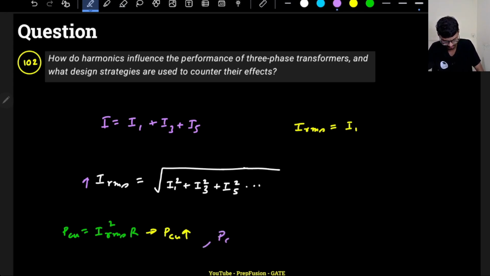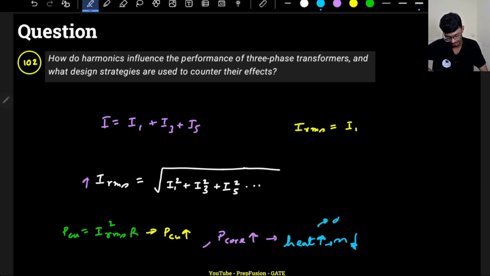We have already discussed core losses also will increase because it depends on frequency component. So core losses will also increase. So it will heat the transformer more. Heat also will increase. So transformer efficiency will reduce and it can get damaged easily, and aging also will happen faster.